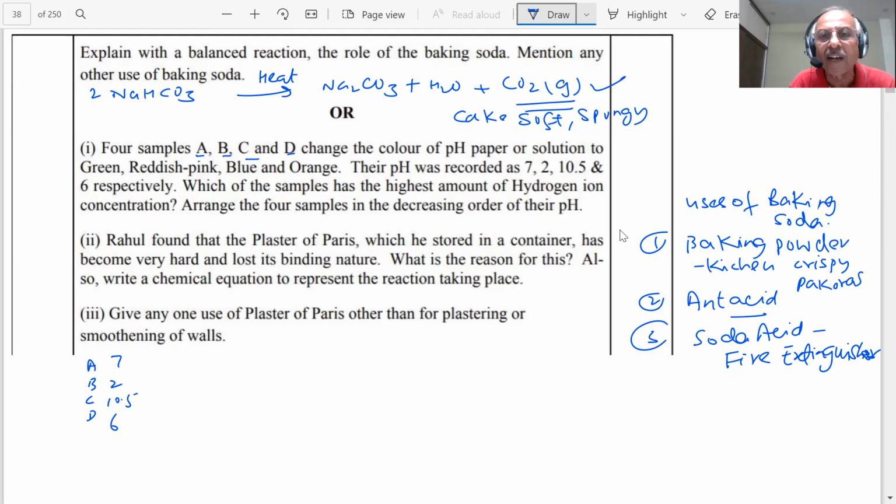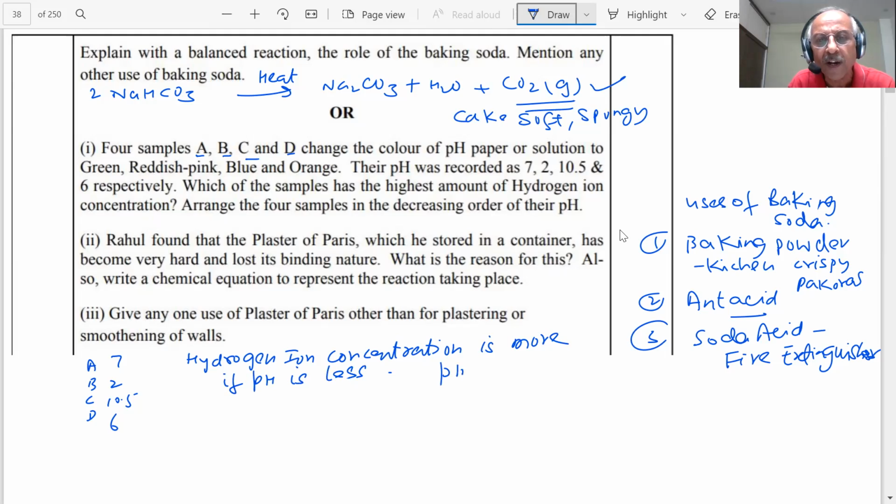Which of the samples has the highest hydrogen ion concentration? You know, student, hydrogen ion concentration will be more if pH is less. The formula is pH is minus log of H plus. So lower the pH, larger the hydrogen ion concentration.